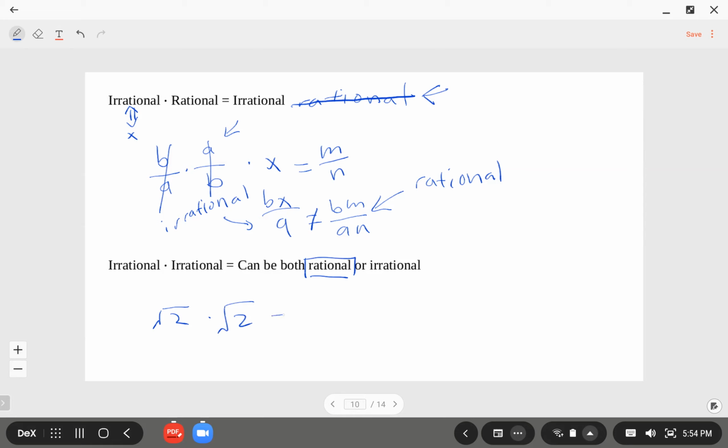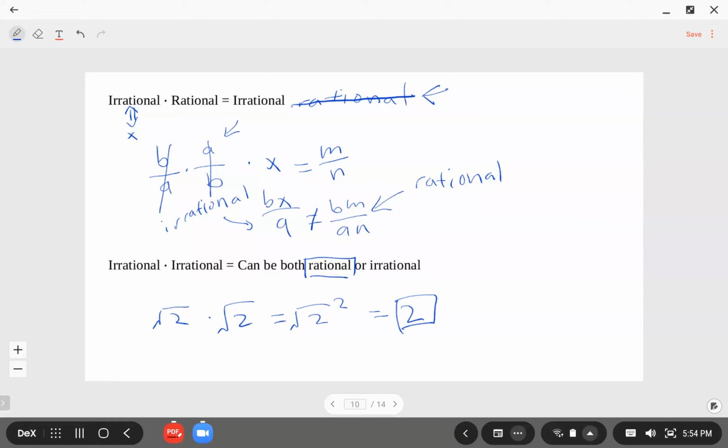When you multiply these two square roots together, they're the same, right? It's square root of 2 squared. And then square root and square cancel out, obviously, and that would equal 2. And 2 is actually a rational number. So that is how irrational times irrational can be a rational number.